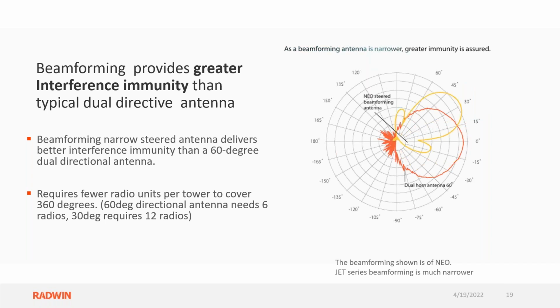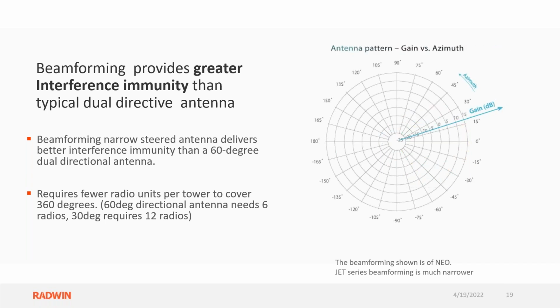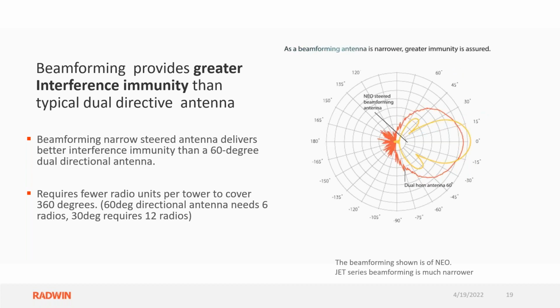When you have a 60-degree antenna, in that orange area, any kind of interference within that area affects the signal. You're going to get a signal degradation. But if you use the beamforming, where you can narrow that up, you're less likely to get interfered with, and you see the additional gain. So your subscriber units get less interference and a stronger signal.